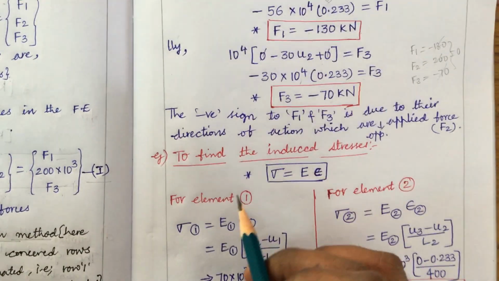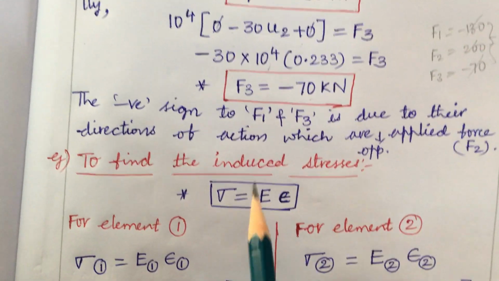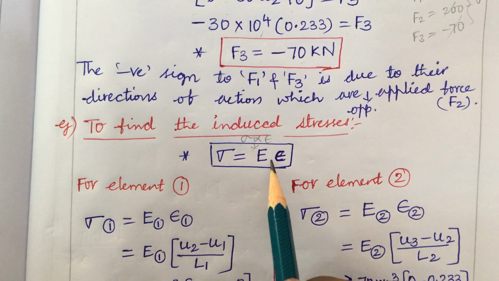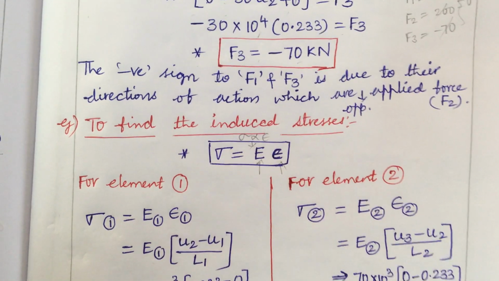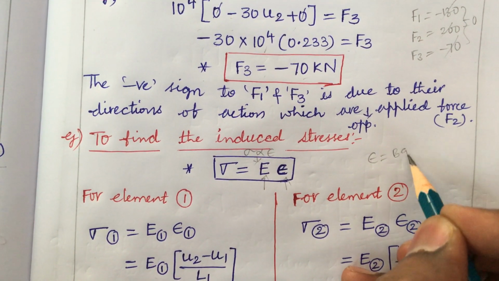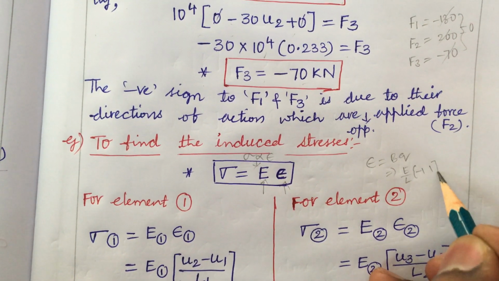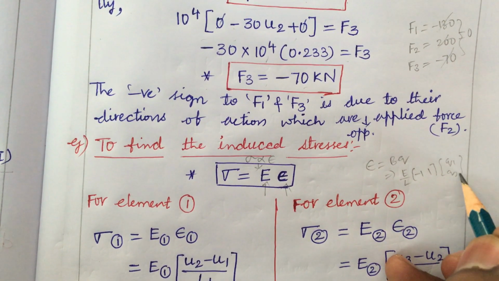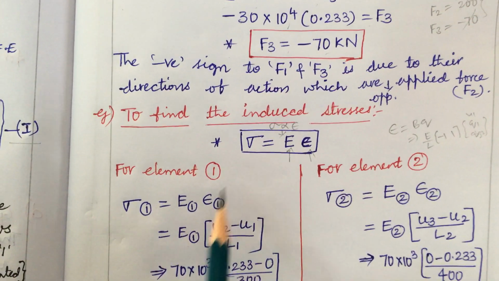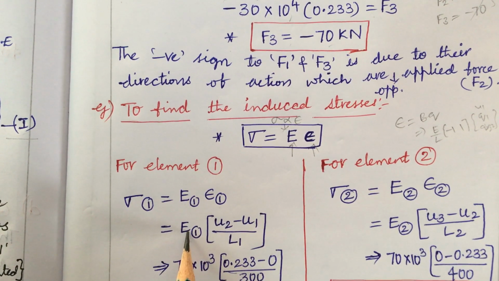Now to find the induced stresses, which were also asked. We know the relation, as per Hooke's law: stress is directly proportional to strain, so upon equality sigma equals E, Young's modulus, times strain. We also know the strain displacement matrix B Q, which is E by L times [-1, 1] times [Q1, Q2], that is U1 U2. Sigma 1 equals E1 epsilon 1, where E1 is the Young's modulus for element 1.